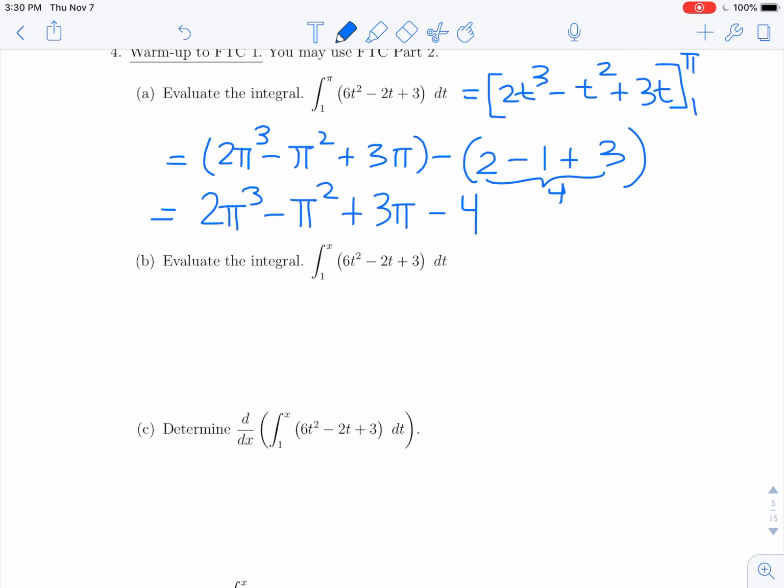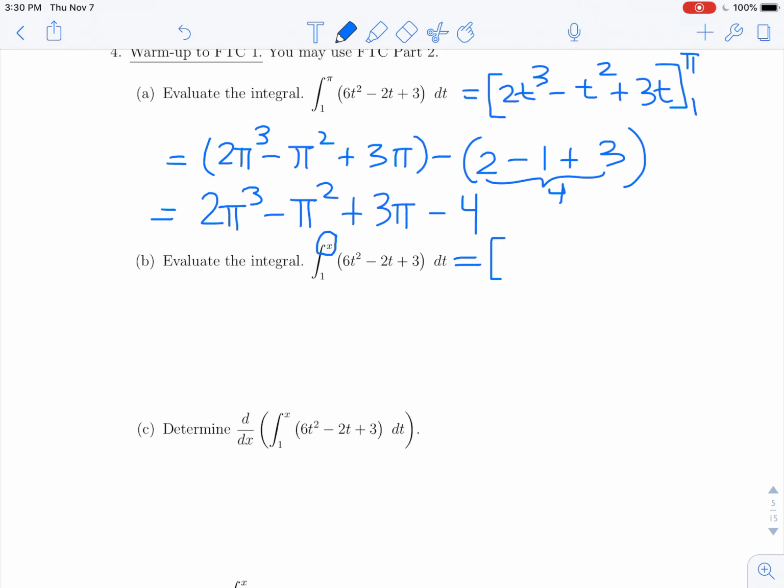Part B says evaluate the integral from 1 to x of 6t squared minus 2t plus 3 dt. So almost the same thing, but now your upper limit of integration is an x.